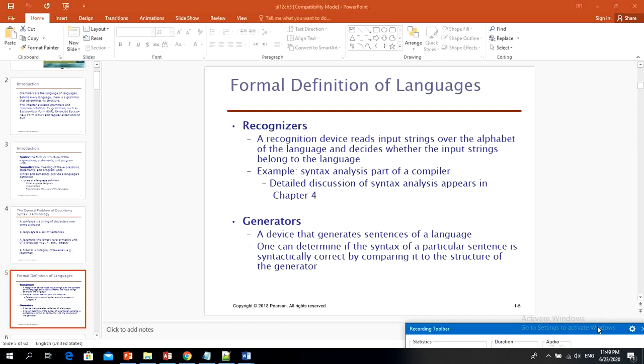And generators are devices that generate sentences of a language and determine if this syntax is correct or not. How do these generators decide whether this part of the sentence accepted by recognizers is correct or not? They do that by comparing it to the structure of the generator.